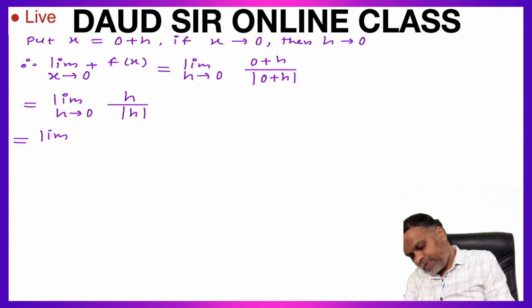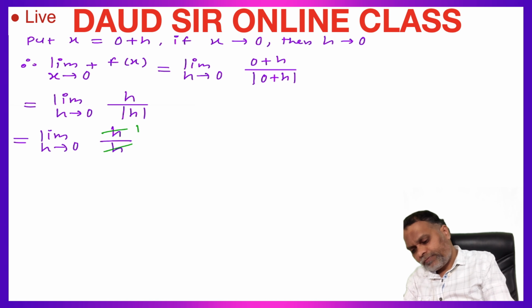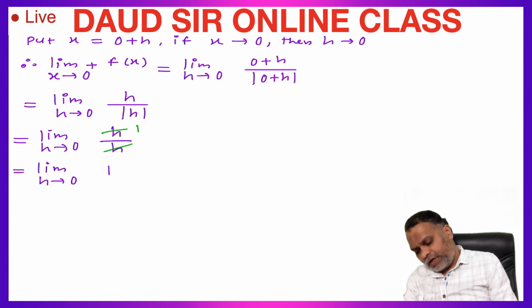So limit h tends to 0, h upon h cancelled one time. So limit h tends to 0 of 1. Here no h, so its value is 1 only.